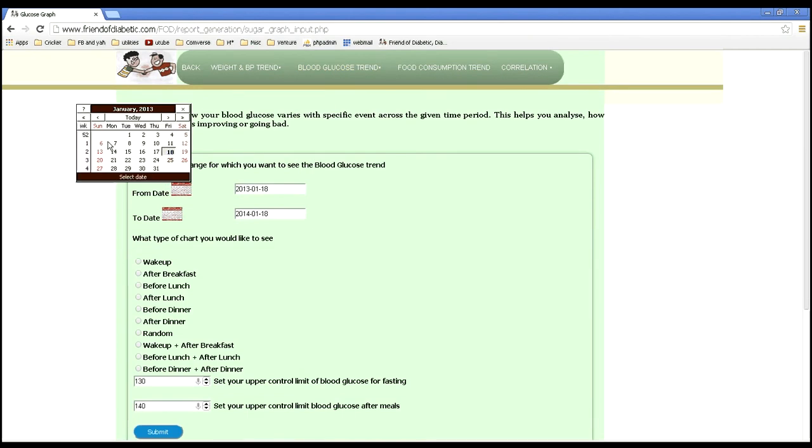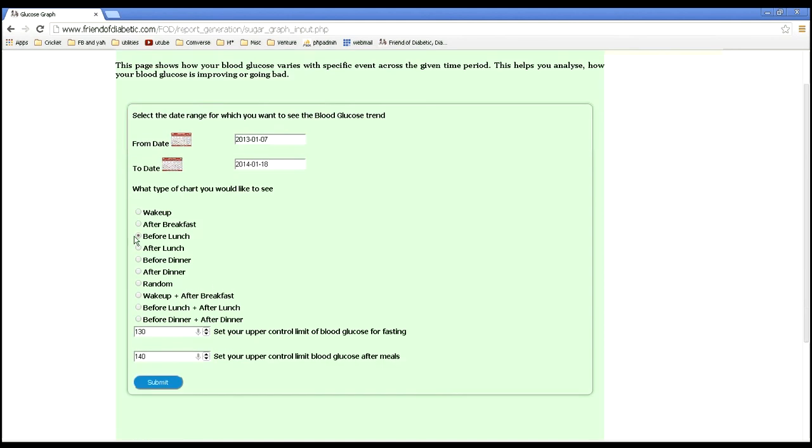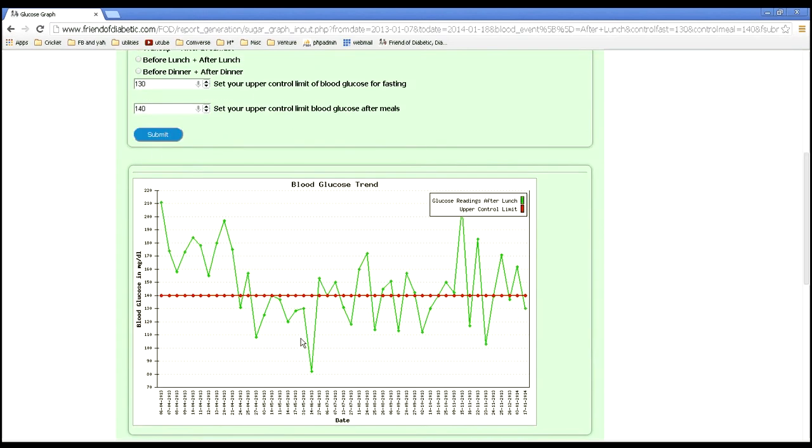If you select a particular event, or all the events, you can see how your blood glucose has moved with events like wake up, breakfast, before lunch, after lunch and so on. Let's say I want to see how my blood glucose has moved during lunch. I select before lunch, I select after lunch and I submit.